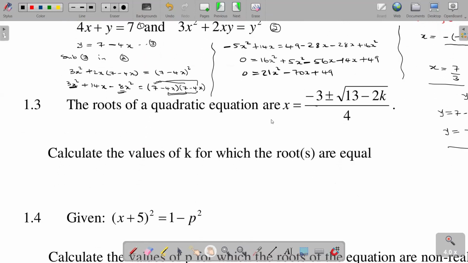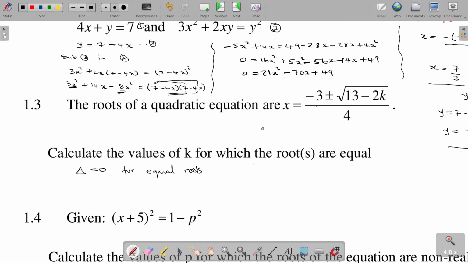The roots of the quadratic equation are given. Calculate the value of k for which the roots are equal. We have to know that for the roots to be equal, we are now on nature of roots, our discriminant must be equal to 0, and the discriminant is the part under the root sign. So what's our discriminant in this case?